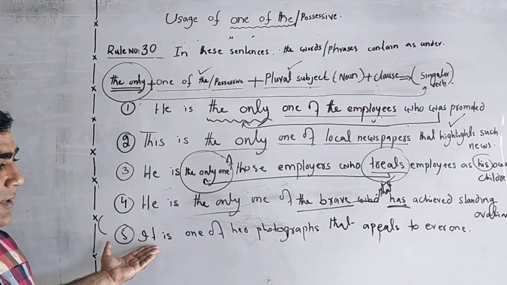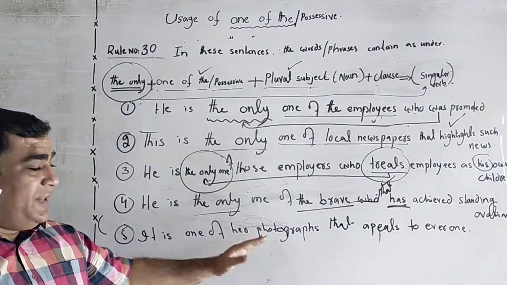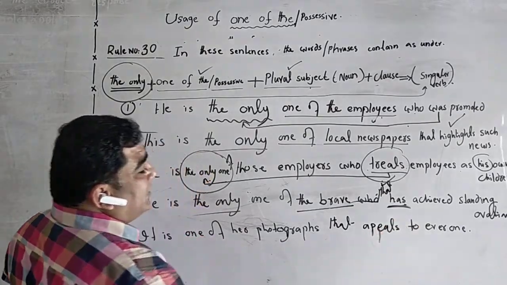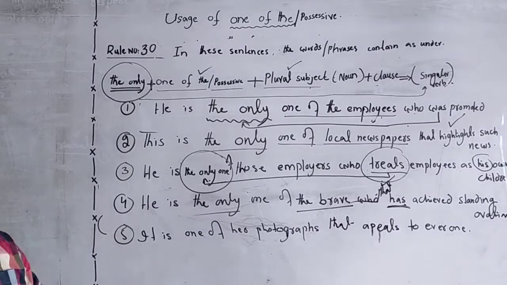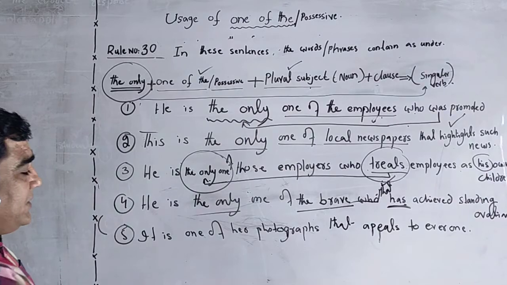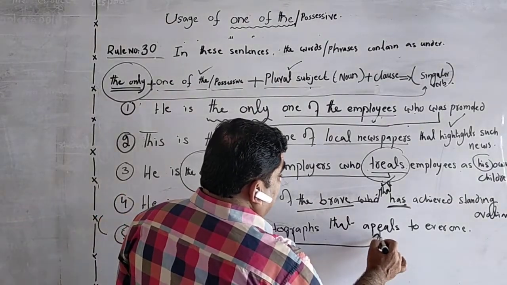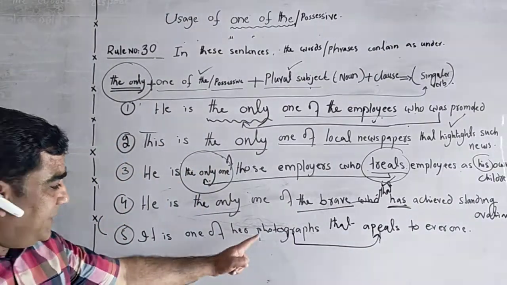Last one. It is one of her photographs. Same structure. It is one of her photographs that appeals to everyone. Which mistake is there? See, I have deliberately made a mistake there. The mistake is that it is one of her photographs. This photograph will take not appeals but appeal, because of this precedent.